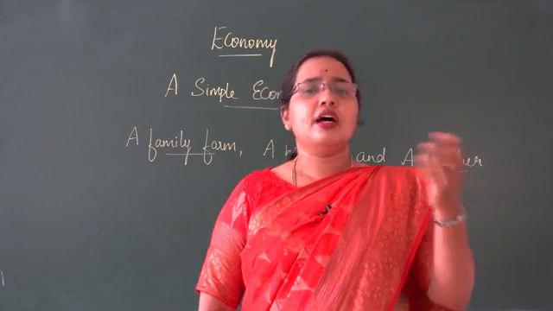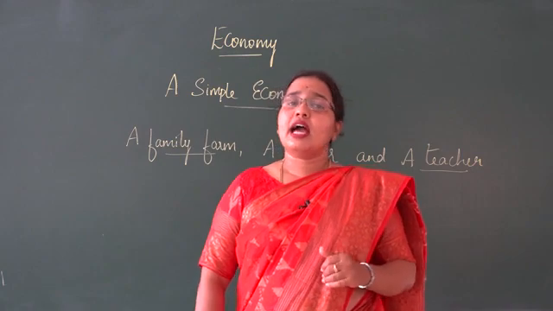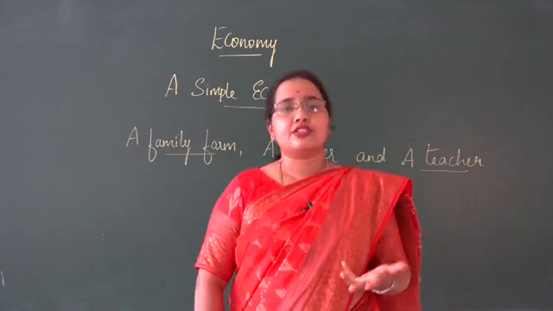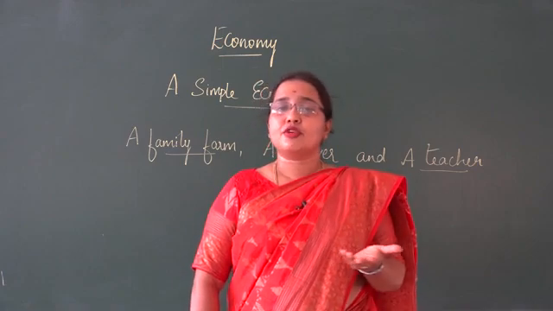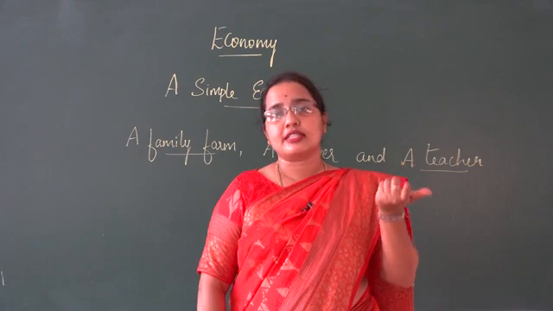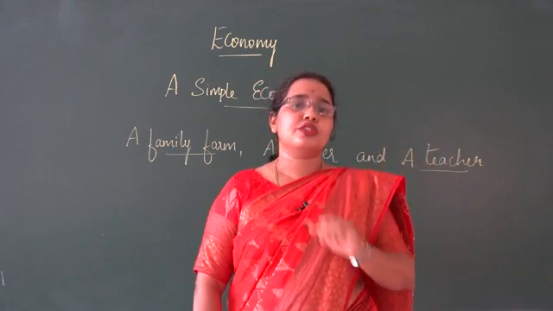Not possible. A weaver may own some yarn, some cotton, and the instruments required for weaving cloth. A teacher. What does a teacher possess? The resource a teacher possesses is his or her skill, with which she or he can impart knowledge to the students.